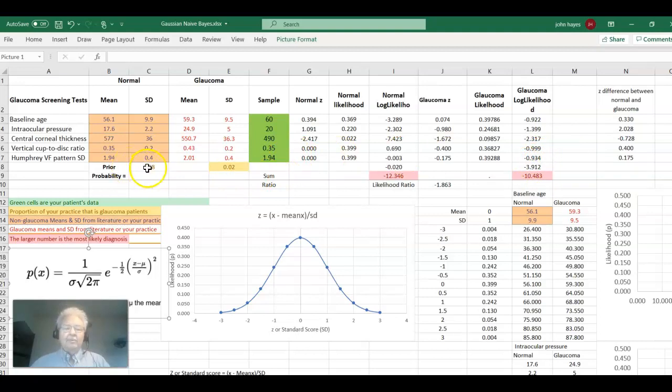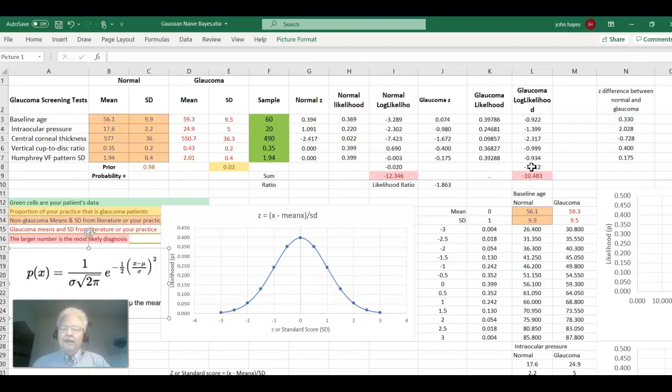So there's a 98% probability that they don't have glaucoma, and that's a minus 0.02 log that we add. Now we have these log likelihoods of all given these data, we have the overall likelihood, the sum of all these log likelihoods is minus 12 to be normal or non-glaucomatous, and it's minus 10 to have glaucoma.